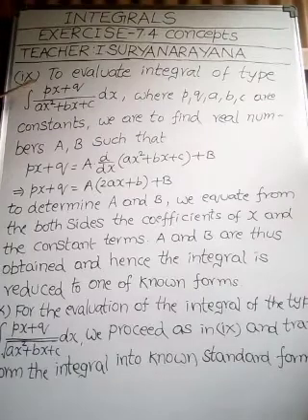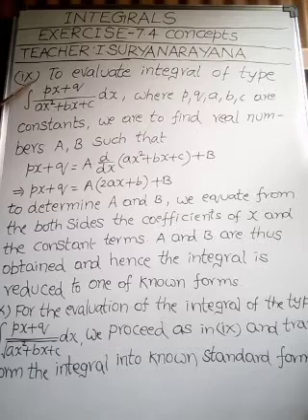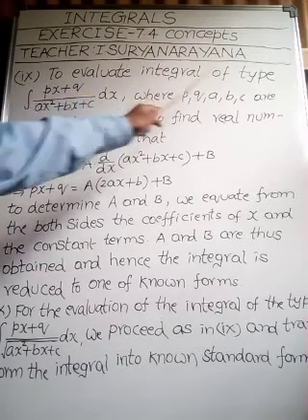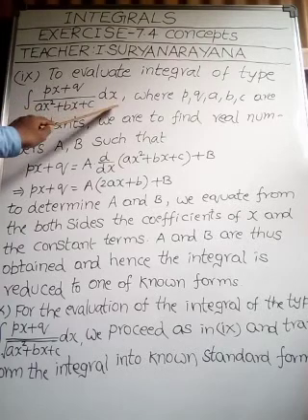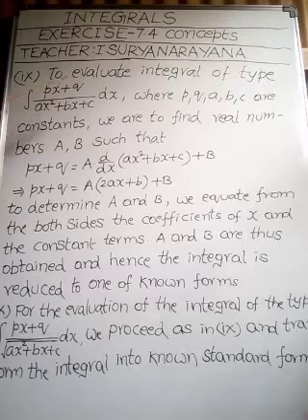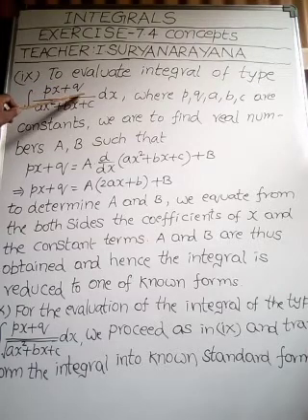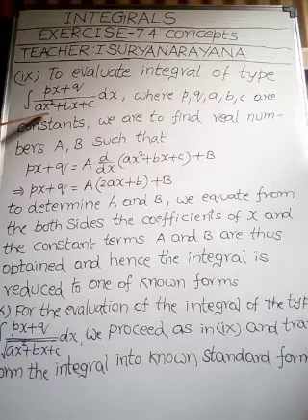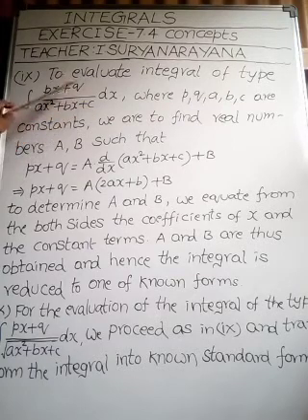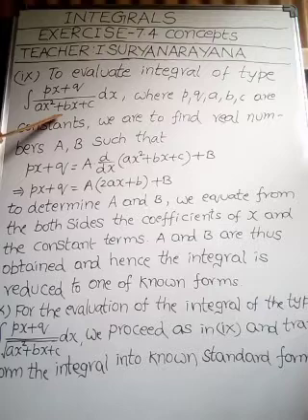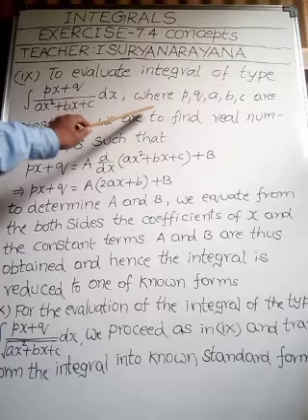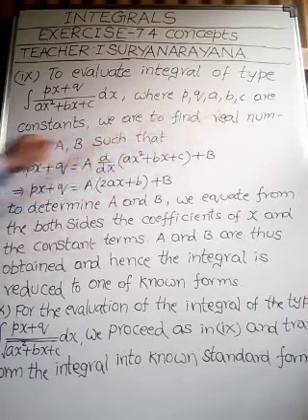Now come to the 9th type of integral. To evaluate the integral of type integral px plus q by ax square plus bx plus c dx. If you observe this integrand, in the numerator there is a linear expression in x, and in the denominator a quadratic expression in x. Here p, q, a, b and c are constants.